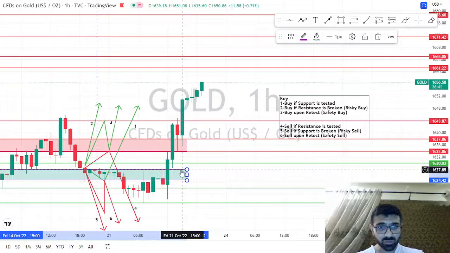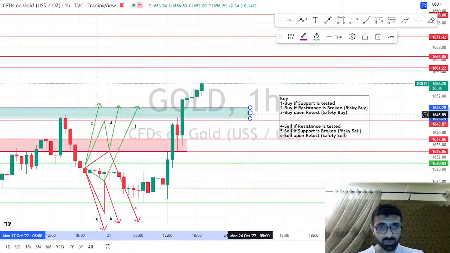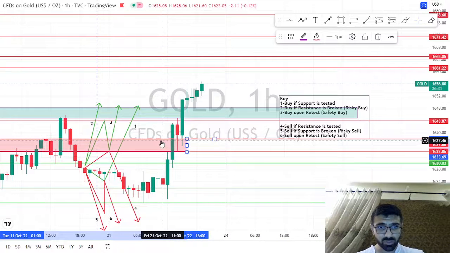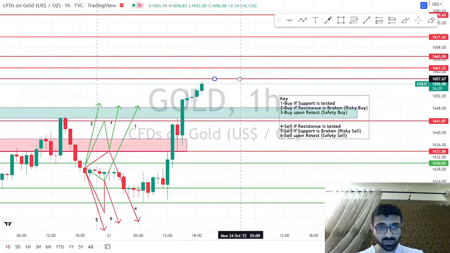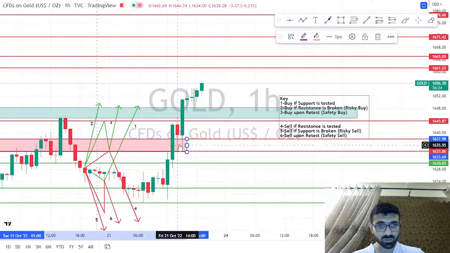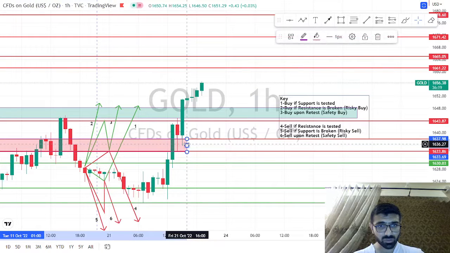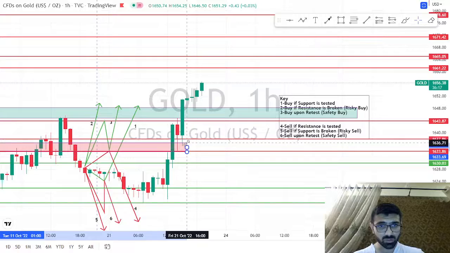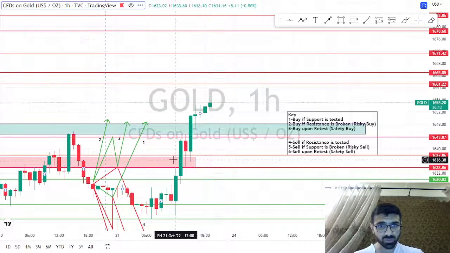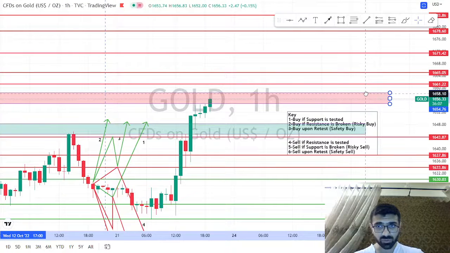So okay, now let me move the supports. This will be the area of support. Now let me mark the fresh area of resistance, which will be this area.